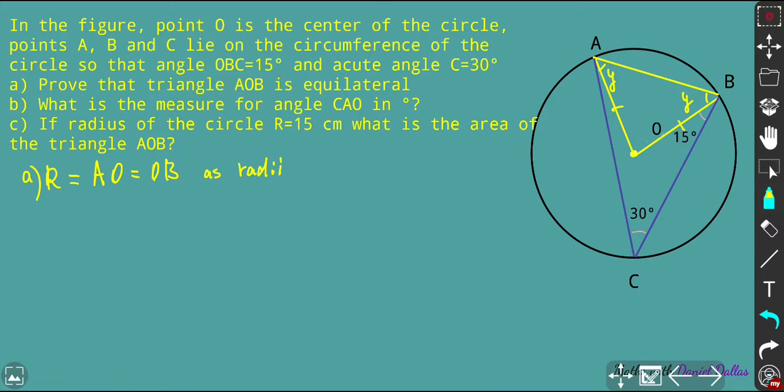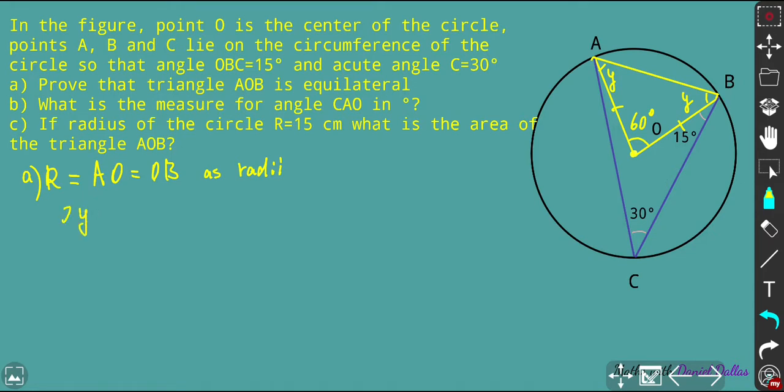But what about angle AOB? AOB is the central angle, so we can connect it with inscribed angle ACB. ACB is 30 degrees, so that angle is twice as much. That's why it's 60 degrees, because it's subtended by the same arc AB. All right, so let's complete the sum of all three angles.